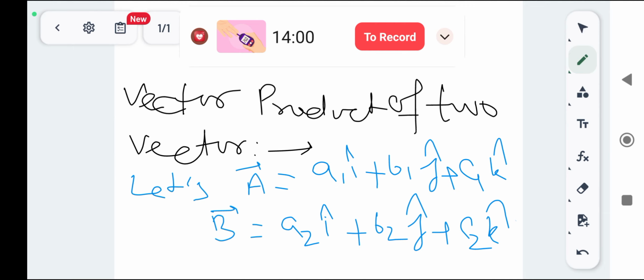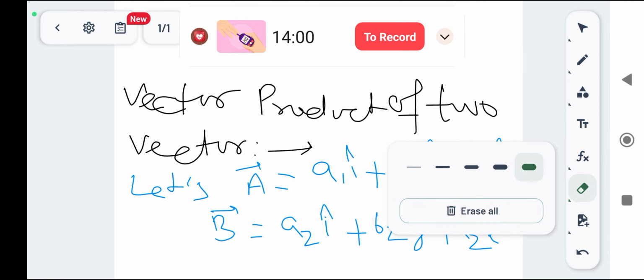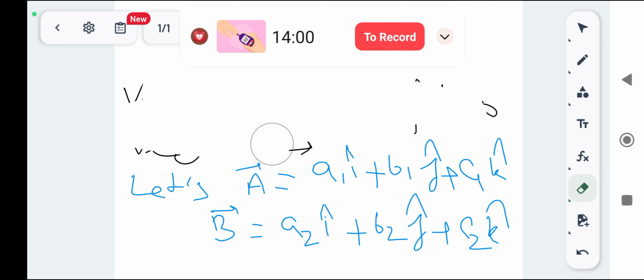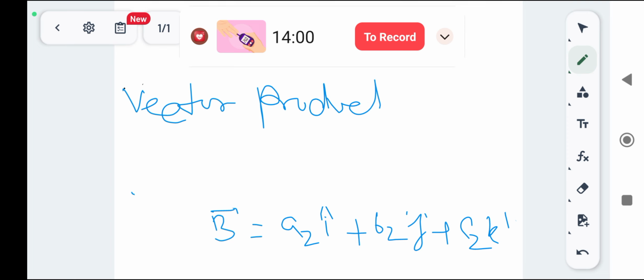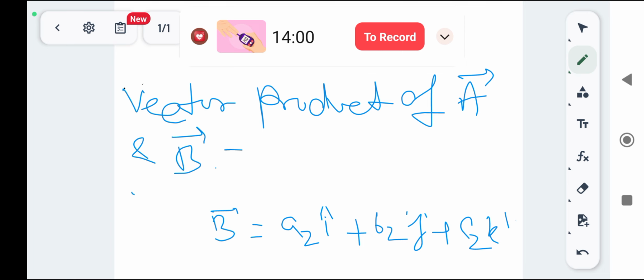The vector product of vectors A and B is represented by A cross B vector.